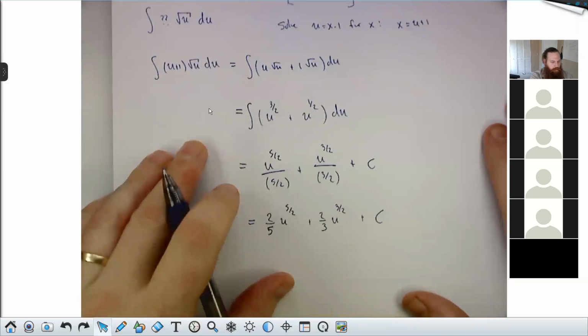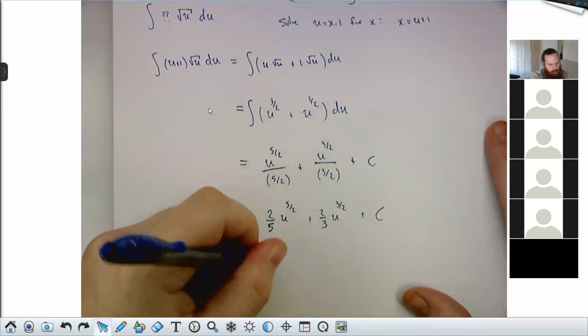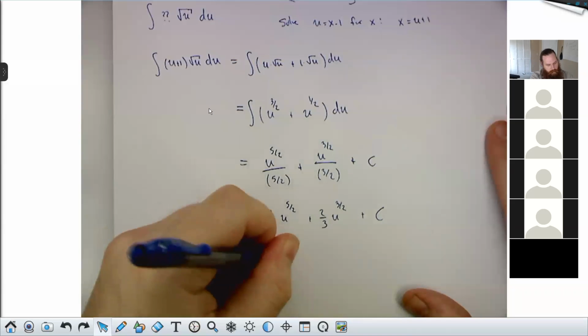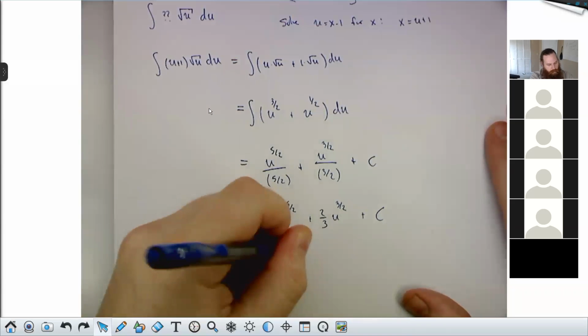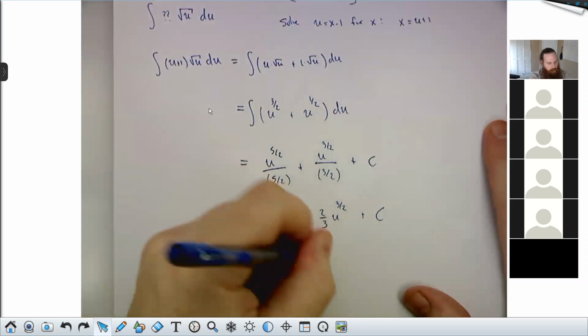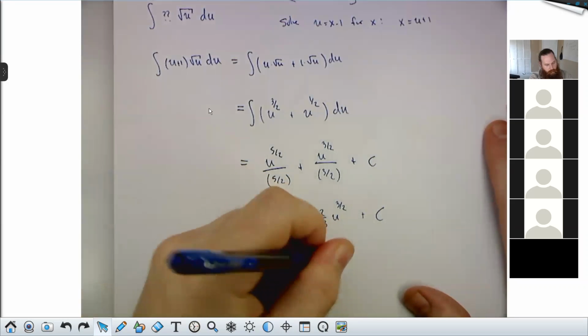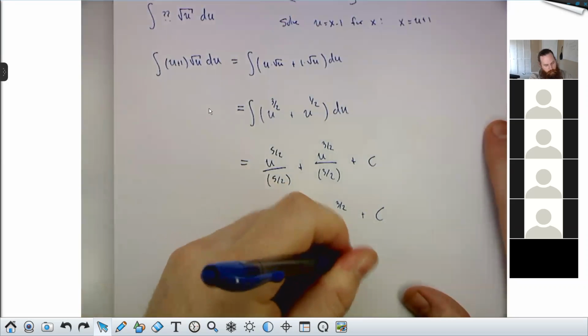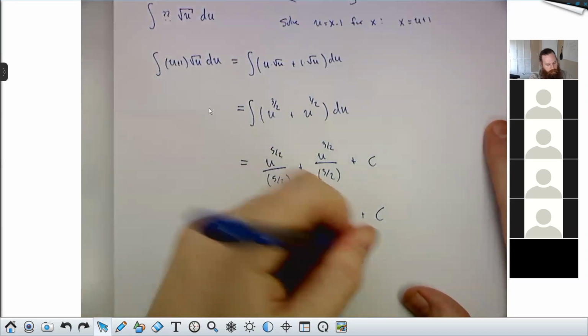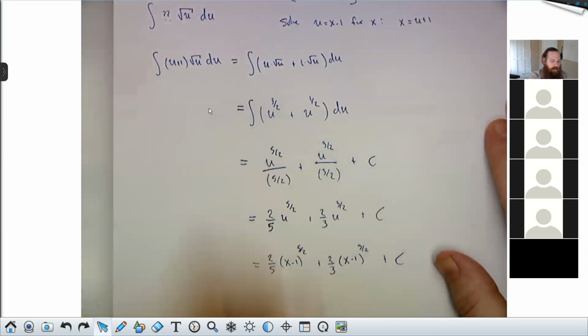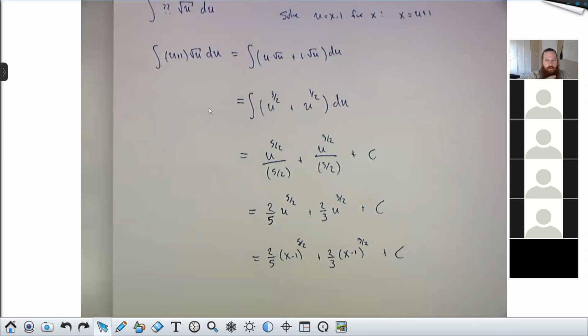U is x minus 1. So this would be 2/5 times x minus 1 to the 5/2 plus 2/3 times x minus 1 to the 3/2 plus a constant.